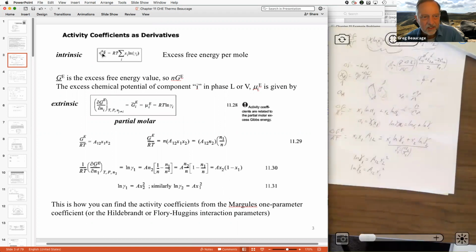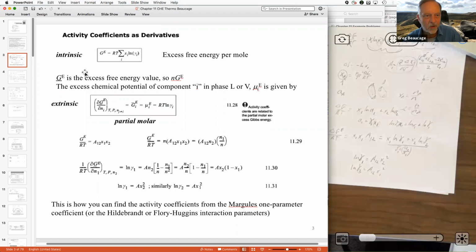Intrinsic means this is the Gibbs free energy per mole, the molar Gibbs free energy. So the actual Gibbs free energy is that thing times n. Gibbs free energy per mole times n gives me the actual free energy. So this is the excess actual free energy, not the molar free energy. That's an extrinsic term, right?